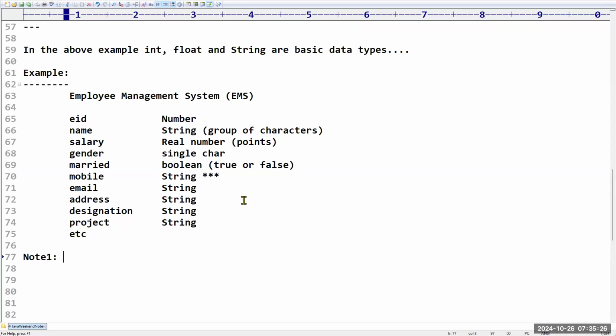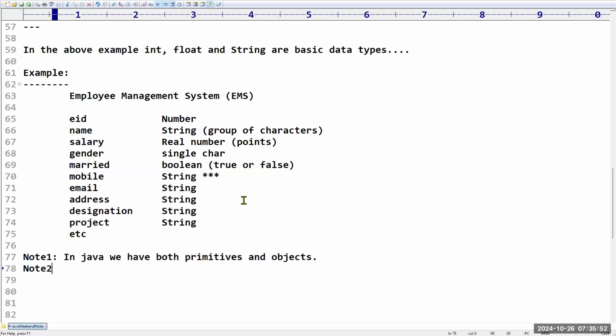Note number one. What is the first note here? In Java, we have both primitives and objects. There are two terms: one is a primitive, another one is an object. In Java, we have both of these. Primitives are there, at the same time, objects are there.